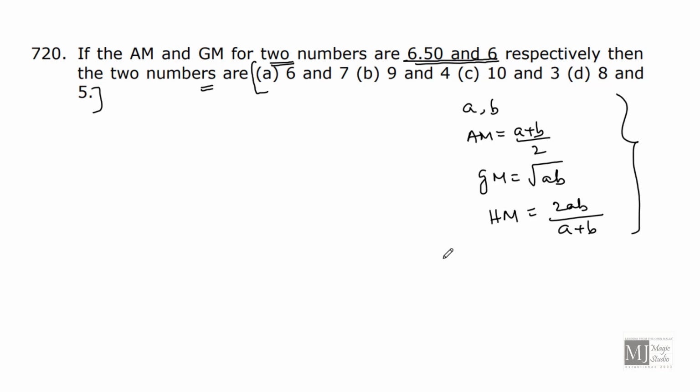But do we have any relationship where AM and GM can be used and we can directly find the value of these two numbers? Yes. If the AM of two numbers is A and the GM of two numbers is G, then the two numbers are A plus minus root over A square minus G square.